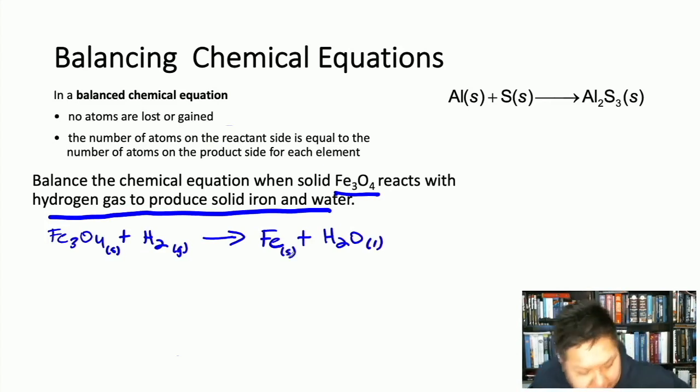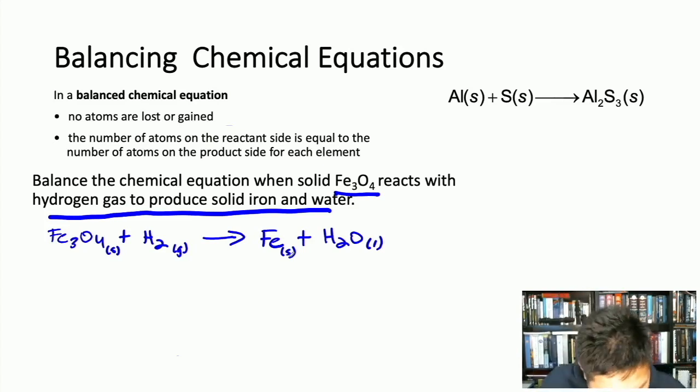Well, let's first look at the number of moles of all the different components of the reactants and products, right? Over here, we have a total of 4 moles of oxygen, and over here we only have 1 mole of oxygen, right?